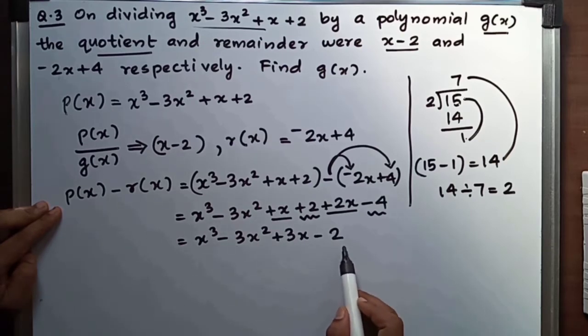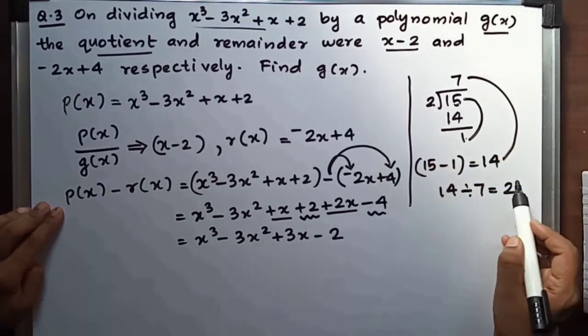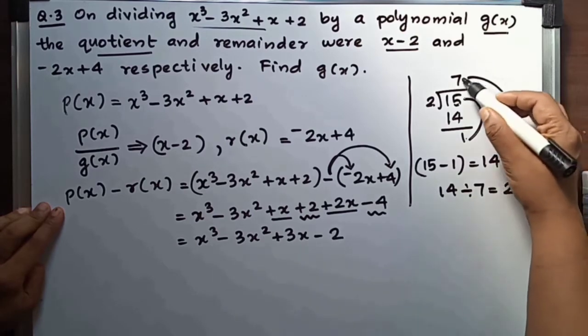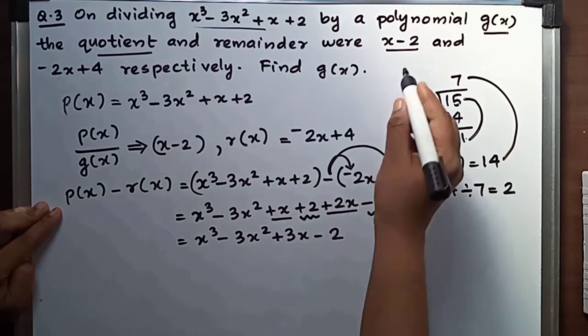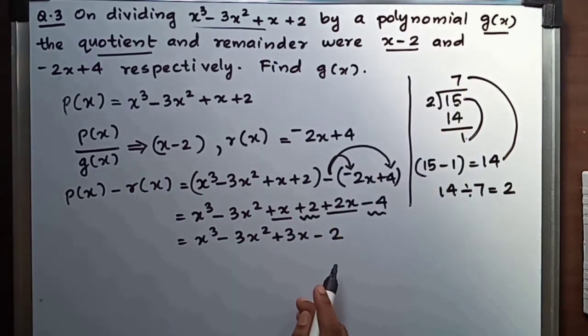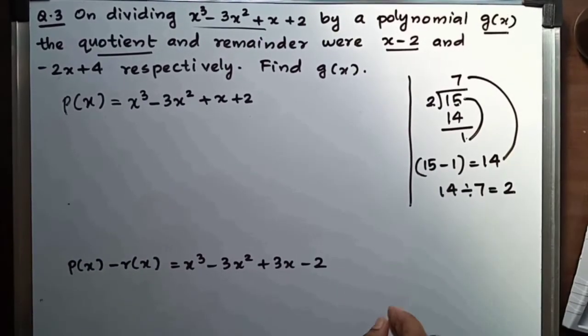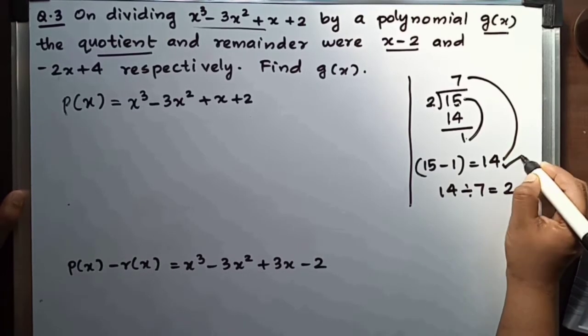We got this. Now, what we have done is we have divided this by the quotient. So we have to divide this by x minus 2. Thus we got p of x minus r of x. That means we have done this step.